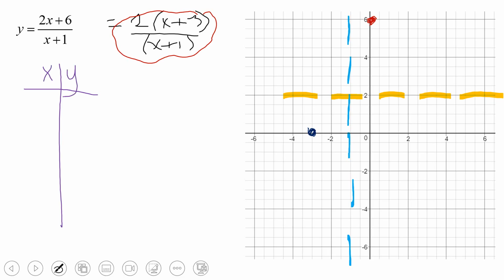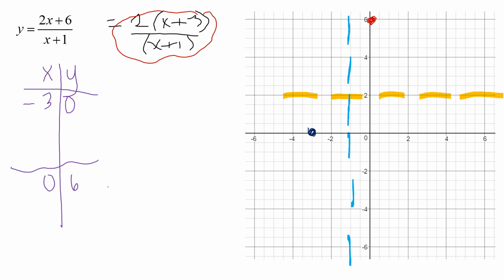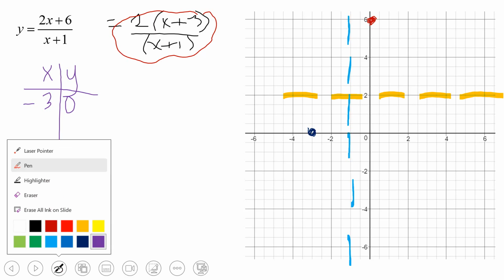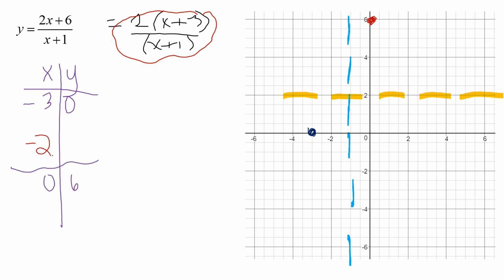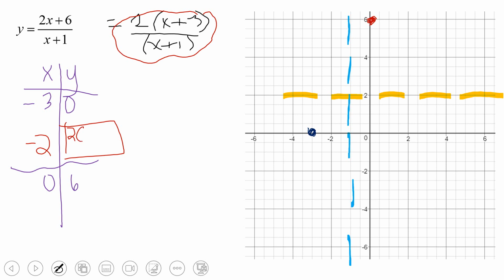I already have 1 point to the left. Notice I have -3 goes with 0, and I have 0 goes with 6. So I need one more point to the left of the vertical asymptote. I'm going to plug in -2. Let's do it in a different color so it stands out. Let's do the work here. I substitute 2 in for x and 2 in for x in the denominator.